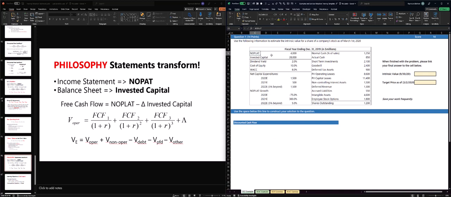All right, next thing is NOPLAT, which we just talked about. Invested capital, your dividend yield, cost of equity, WACC, your net capex is right there. Your NOPLAT growth is right there. So we can see that we probably need to grow this by this. Probably need to grow invested capital by the capital expenditures.